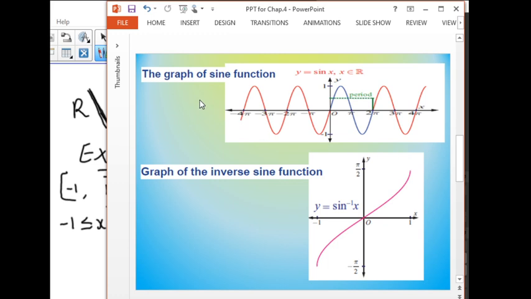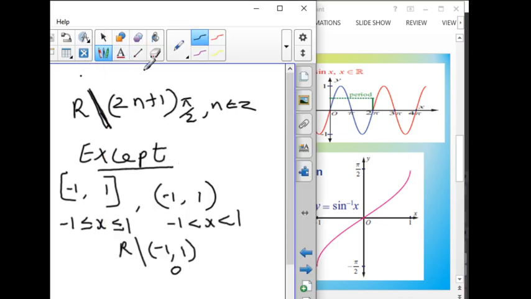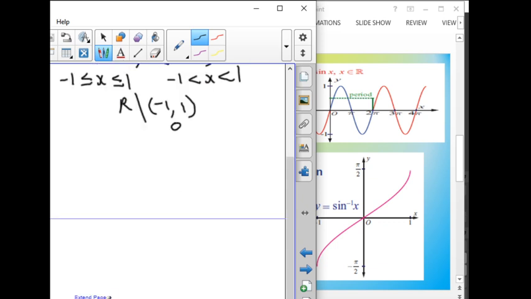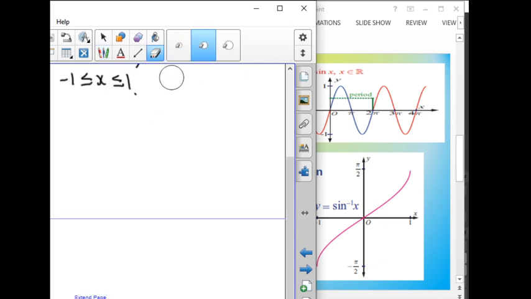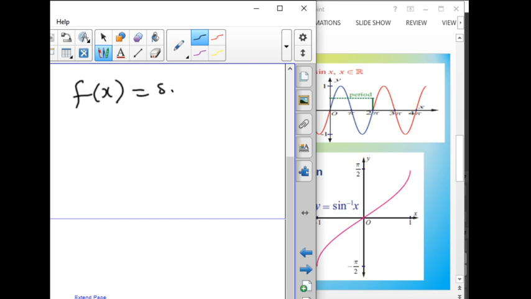Let f of x be a function. We'll take f of x equal to sin x as a function. This f of x equal to sin x has inverse if and only if it is 1 to 1 and onto. 1 to 1 and onto means it is a bijection.